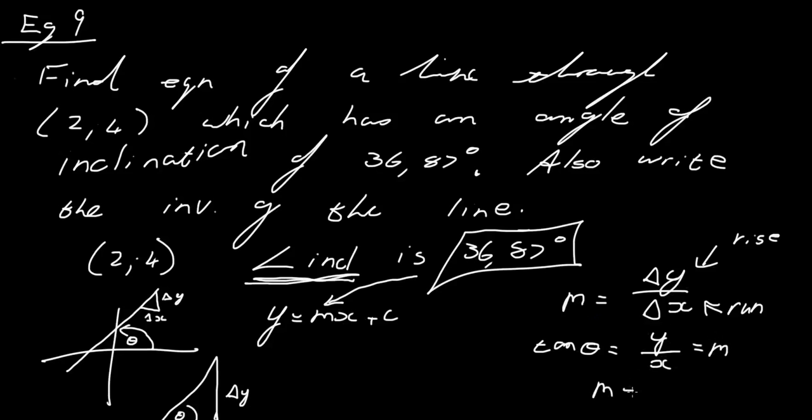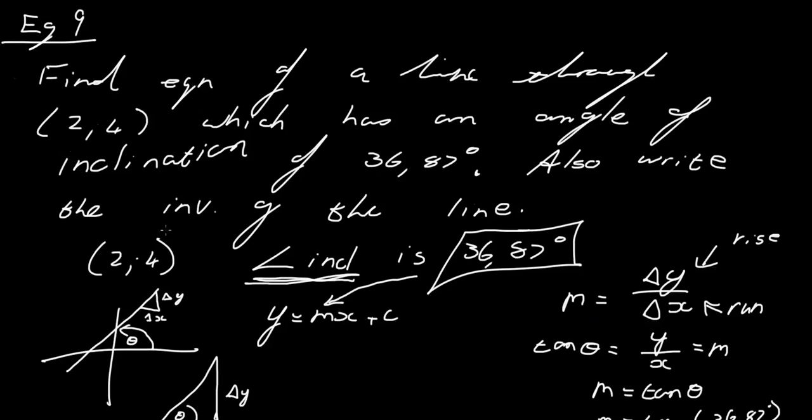So m equals tan theta. m equals tan of 36,87 degrees. And therefore m is equal to 3 over 4. So we've already found our gradient.